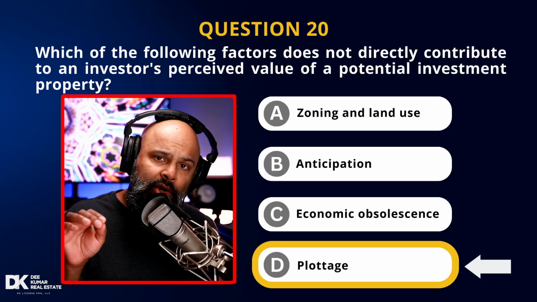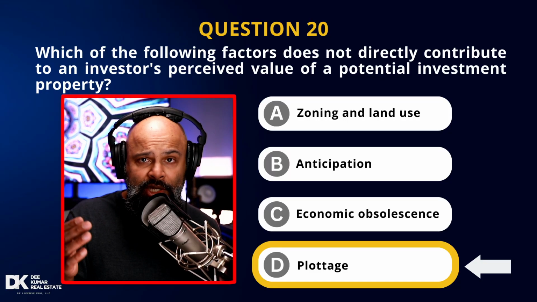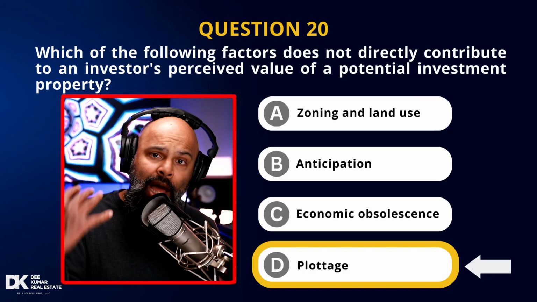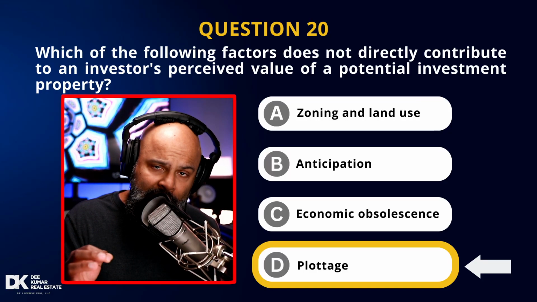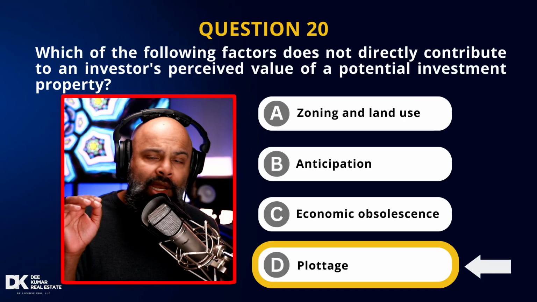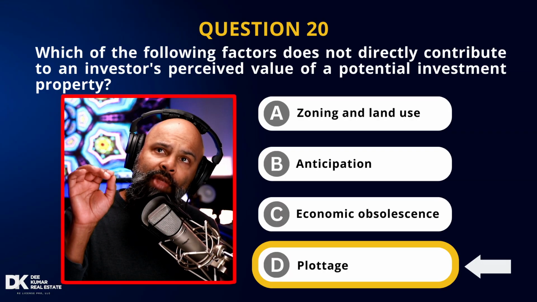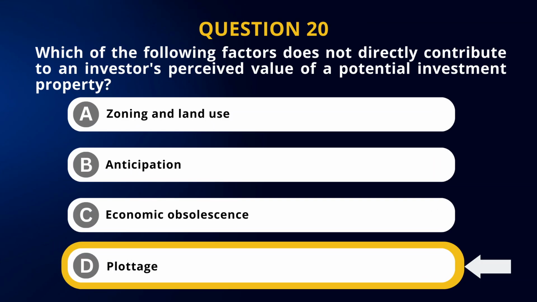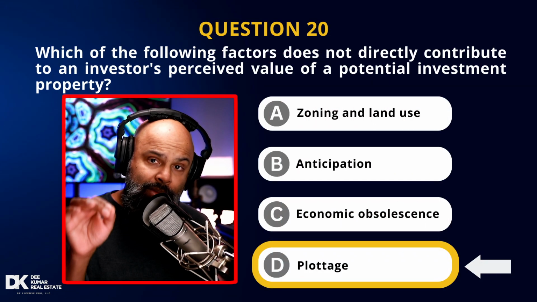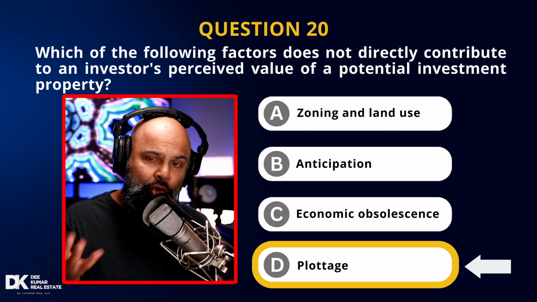Those are all critical in understanding what anticipation is, also factoring in things like economic conditions and socioeconomic conditions as well. And then economic obsolescence are things that could affect the value of the property, and we have no control over those forces. So these external forces, these economic obsolescence items, are also directly items that contribute to the overall perceived value of an asset.